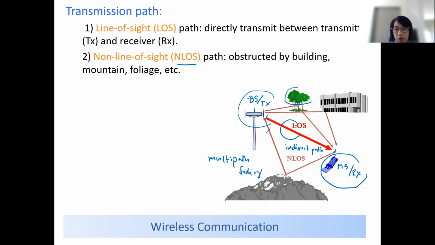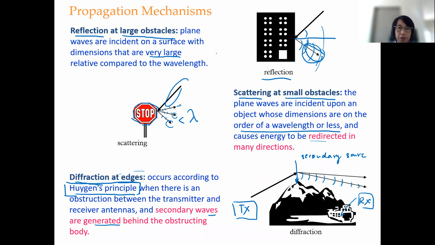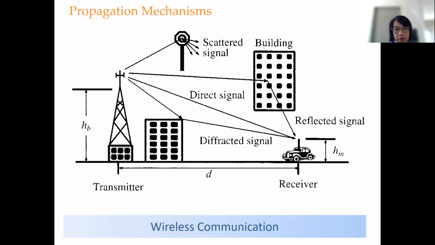So it's very difficult to have line of sight. But you can still receive the information through these propagation mechanisms. Of course, the power will decrease, because it is lost when it is incident on the obstacle, but you can still get some power from the transmitted signal.